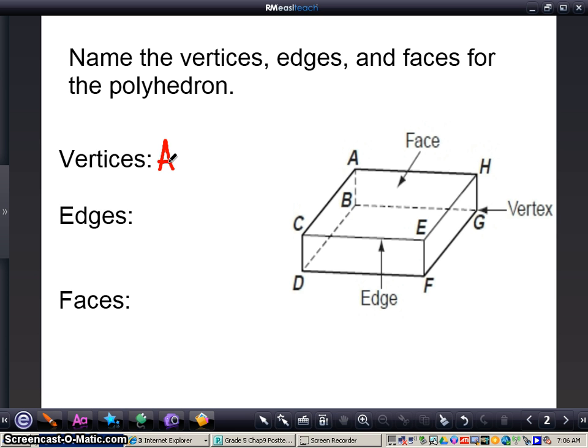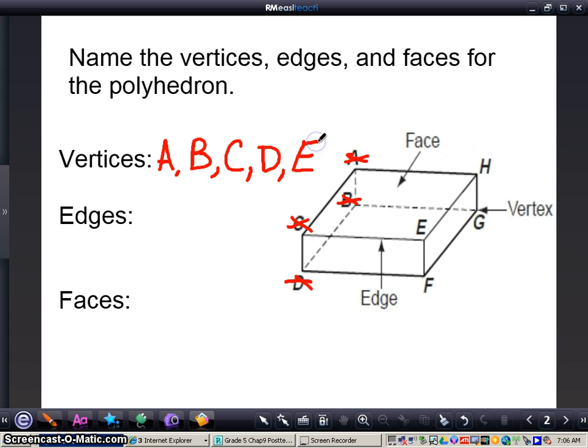There's not a special line or symbol that goes in front of it, like some other things that we will label throughout looking at polyhedrons. So we have the vertex of A. We can cross that out. B, and this is just simply how you do it. You just look at every single vertex and give it the name of the letter there. C, D, cross that out.